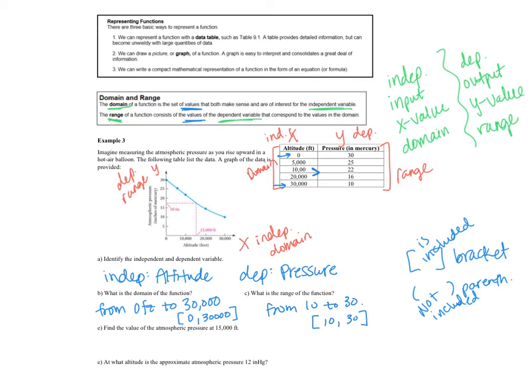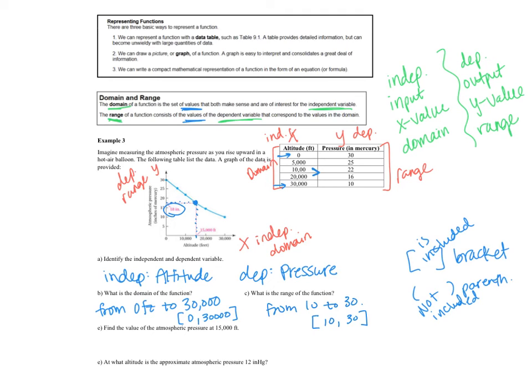I can maybe get a little bit more accurate if I look on the graph here. At 15,000, they've kind of shown us here. I could read this point to be somewhere about 18 inches. So I could read it from my table and give a little bit of an estimate.